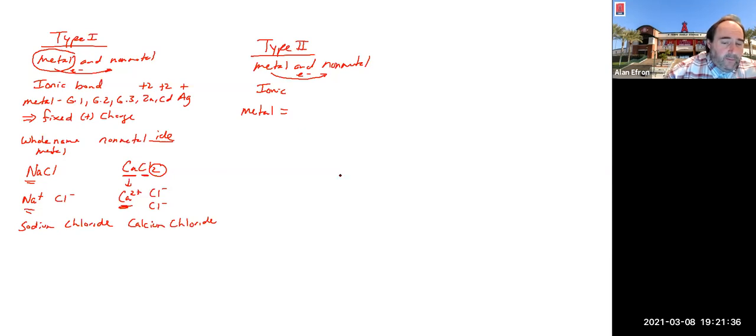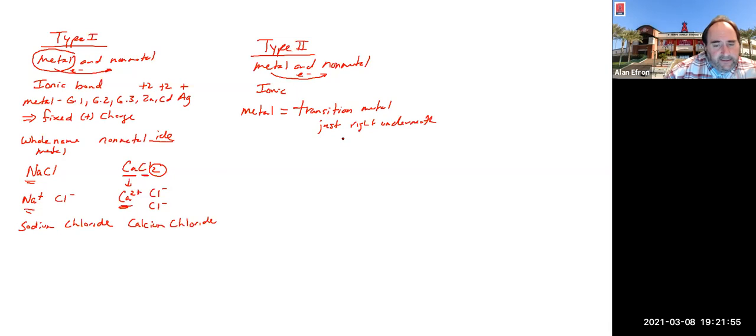The metal will be a transition metal other than silver, cadmium, or zinc, and it will be just to the right of the transition metals underneath the staircase.